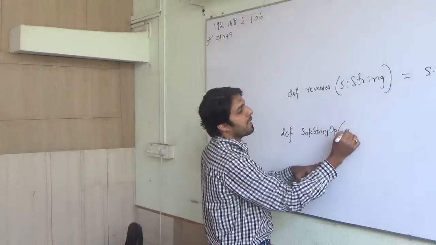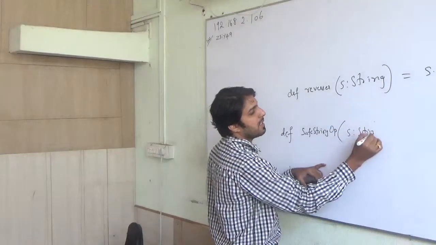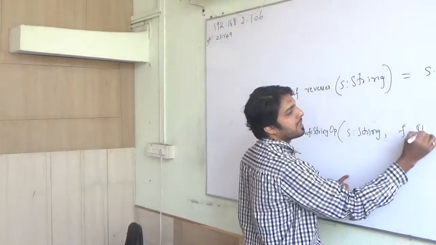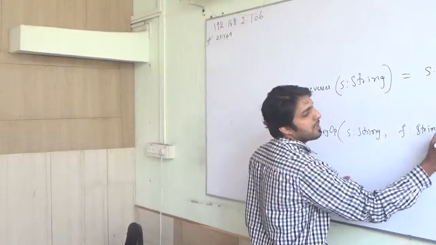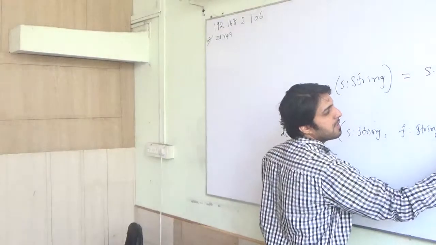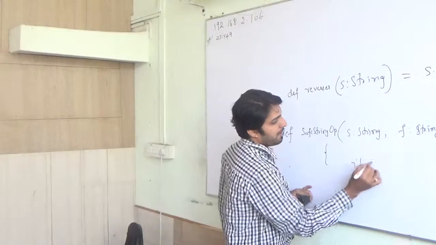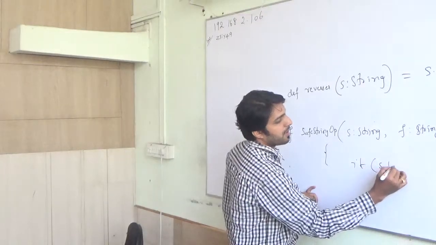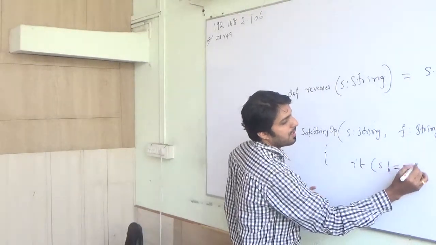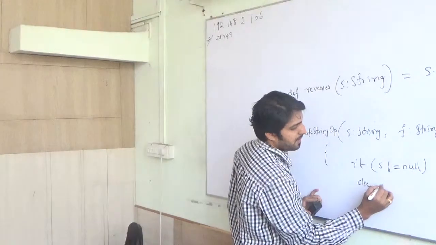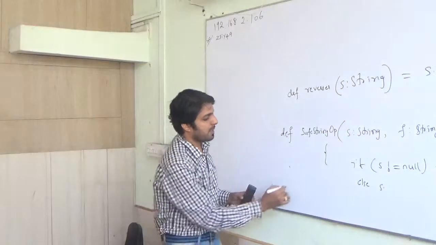To this we were passing one string, then a function which takes a string as the input and whose return type is string, right? And if s is not equal to null, we were doing f of s, else yes. That's what we were doing.